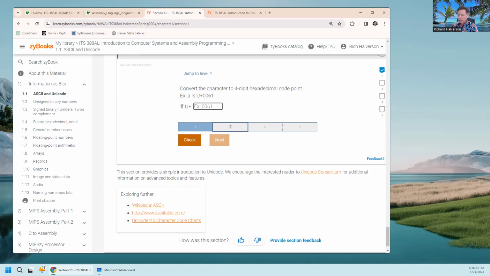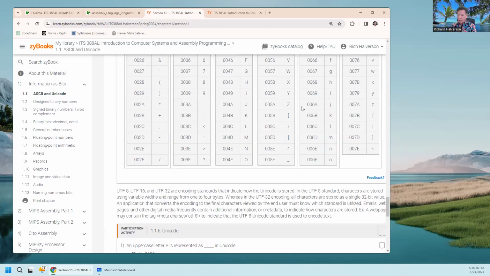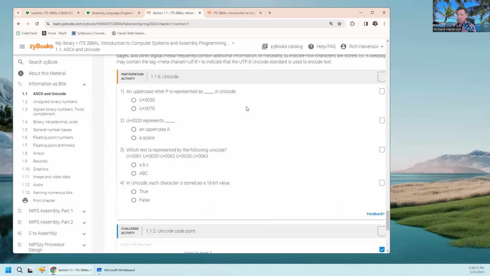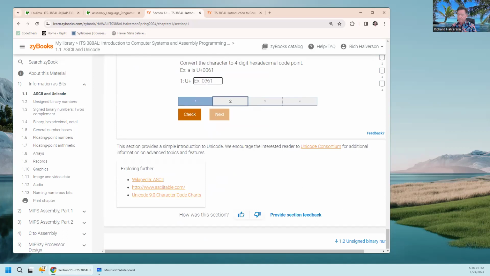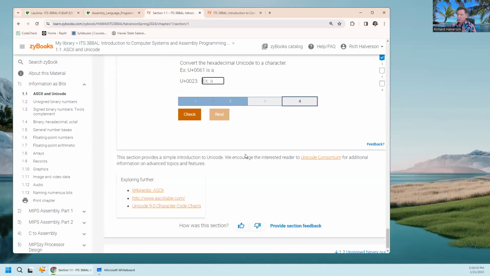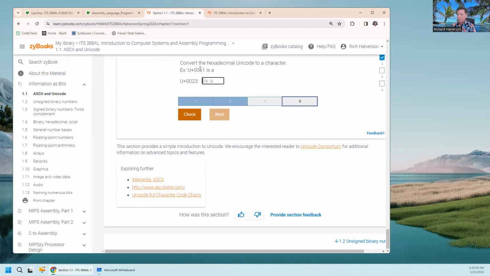Lowercase a is that. And 1 is 0031. Anyway, so you can go ahead with that. Convert that. I'm doing 4.